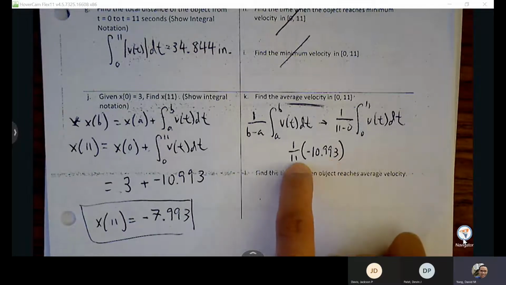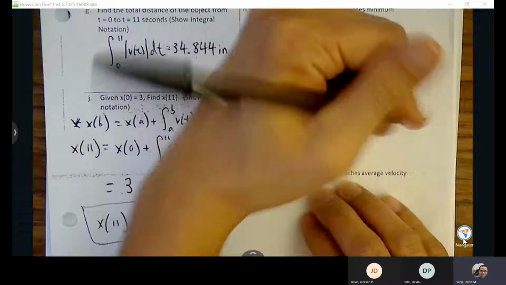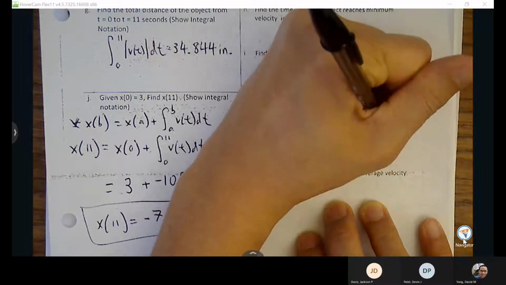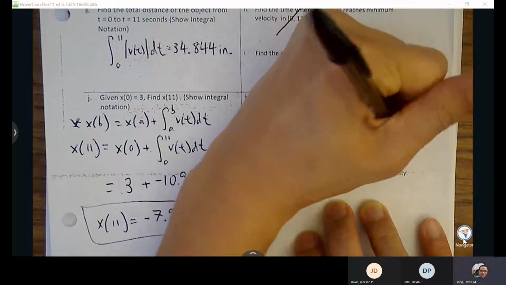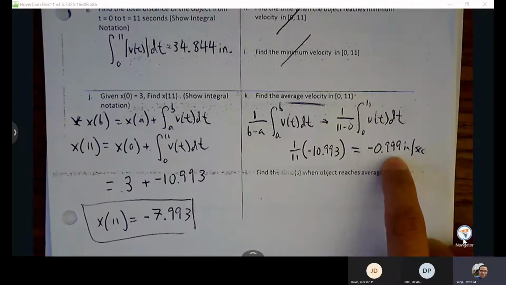But then we're going to split that up over the course of 11 seconds. So how fast is he moving per second? He's moving at almost 1 inch per second in the opposite direction. That's his average velocity.